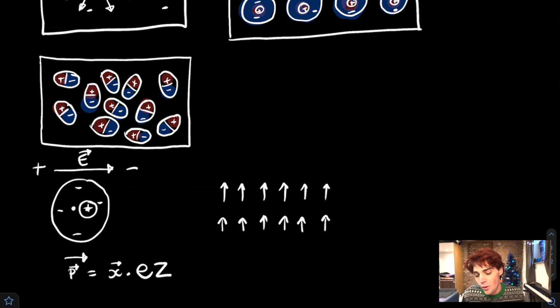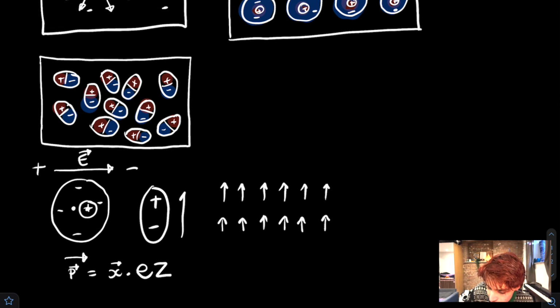It's just beforehand, the polar case had randomly aligned dipole moments. However, if you apply an electric field, the exact same thing is going to happen. You're going to get a dipole moment, which was already there to begin with, but because they were all randomly aligned, like here, there was not going to be any net dipole moment. However, apply an electric field, and you are going to get a net dipole moment.